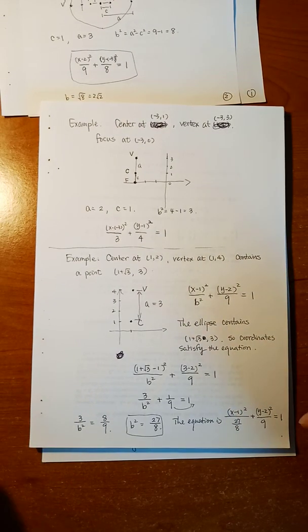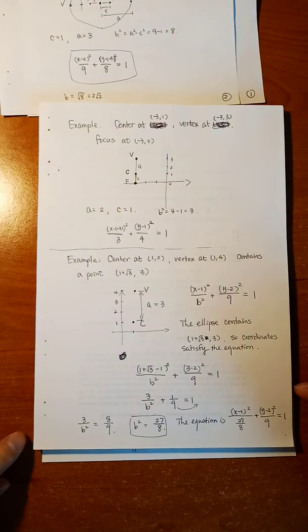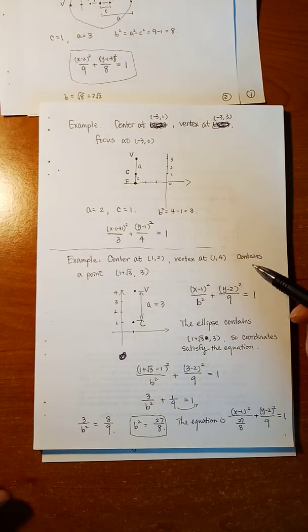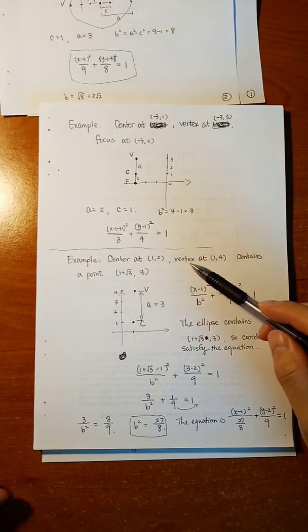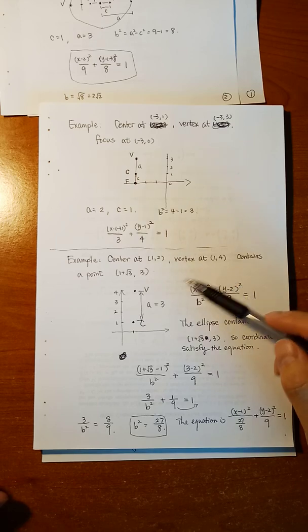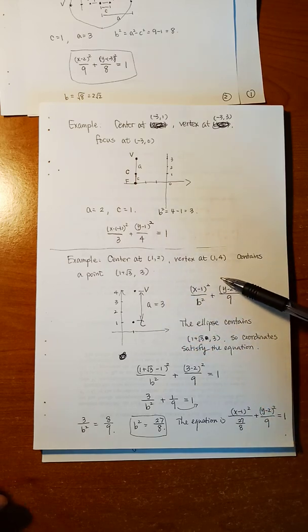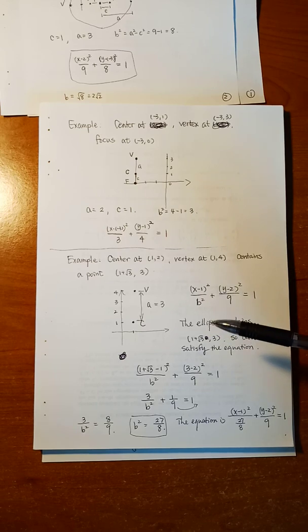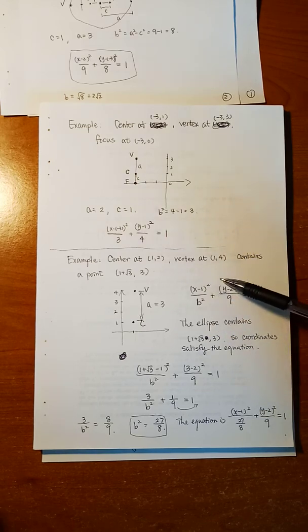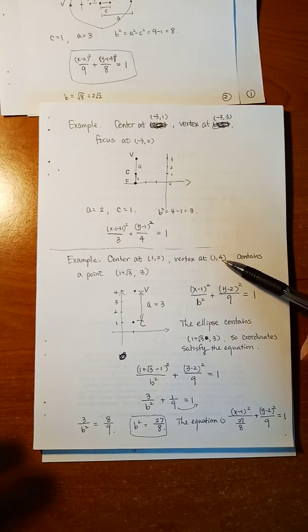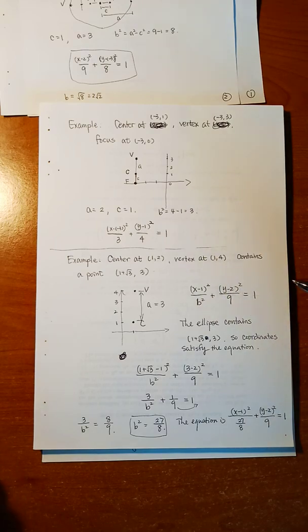Okay, you see, this one is different. The difference comes from the missing value of a focus. If we have the focus, we can directly find out C. With the C, we can compute B. But here, there's no focus. You only have vertex. You have vertex, you have A.